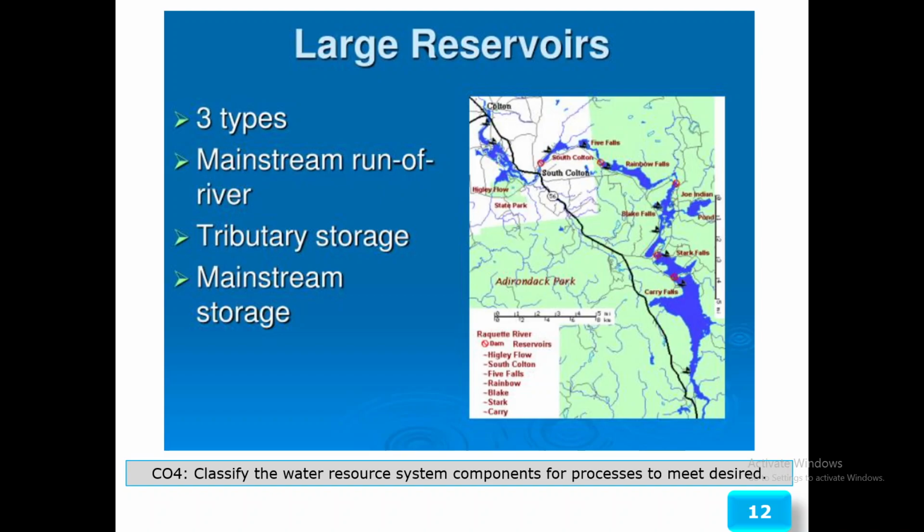For large reservoirs, through GIS we can easily mark where reservoirs occur using satellite imagery. There are three types of large reservoir: mainstream runoff rivers, where the stream flows through the runoff of the river area; tributary storage, a sub part of the rivers that forms a tributary storage; and mainstream storage.